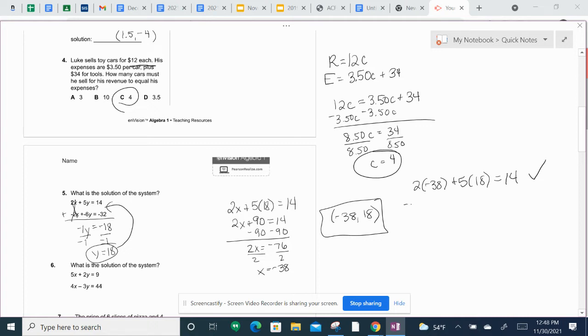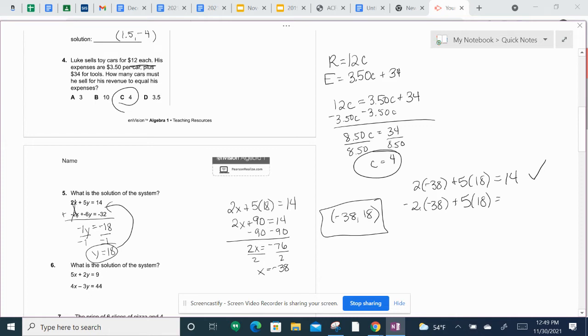Then I check it in the other one as well, the other equation. So negative 2 times negative 38 plus 5 times 18. I hit equals, and this time I want to make sure that I have negative 32. So I'm checking that out. I did not get that.